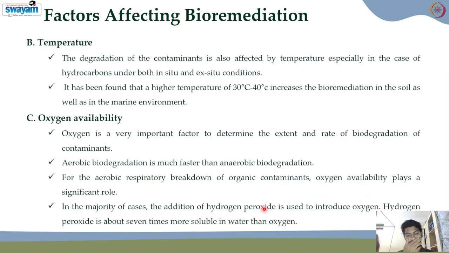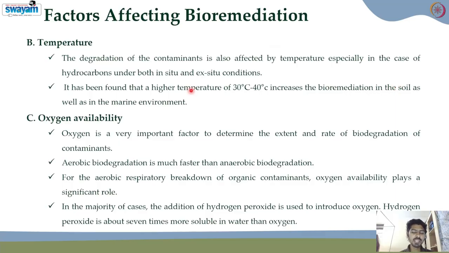And the second most important environmental factor is the temperature. The degradation of the contaminant is also affected by the temperature, especially in case of hydrocarbons, where we carry out in situ and ex situ conditions. It has been found that an optimum temperature of 30 to 40 degrees Celsius increases the bioremediation in the soil as well as the marine environment.